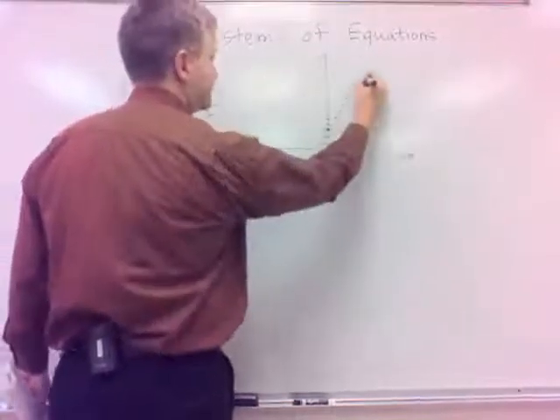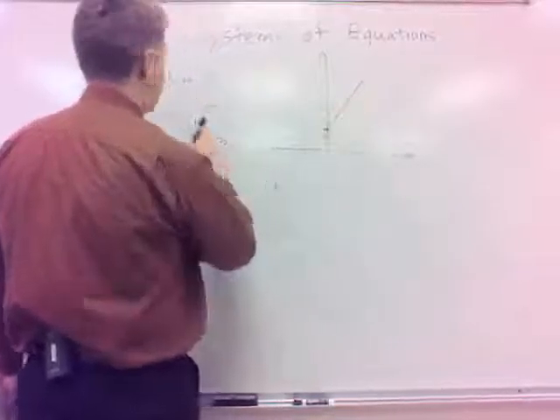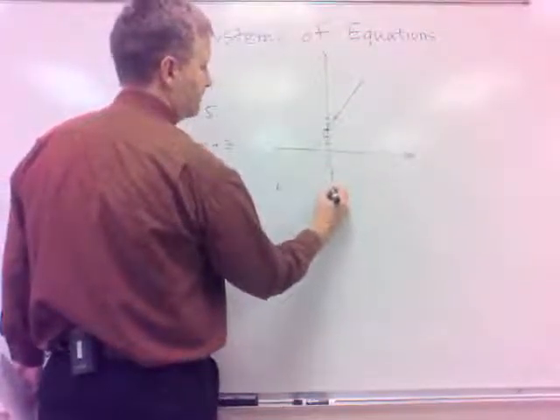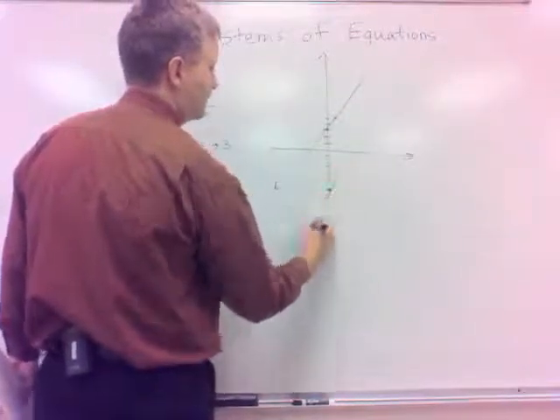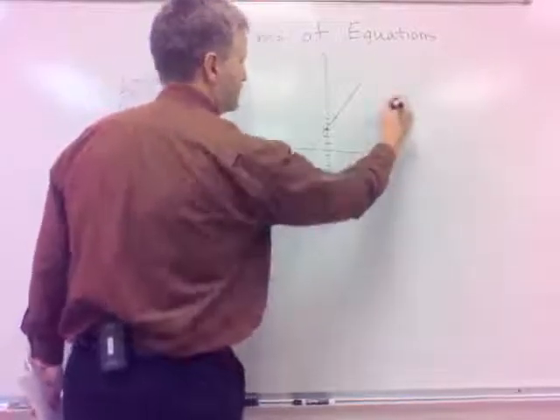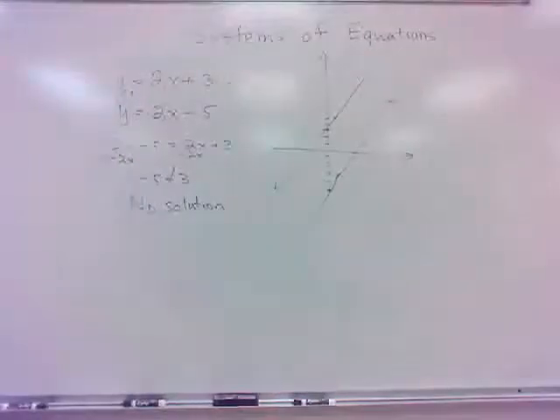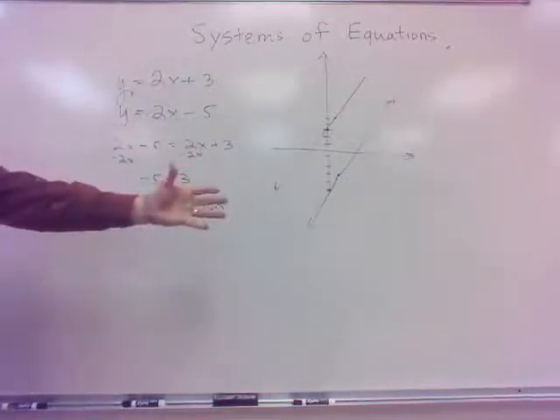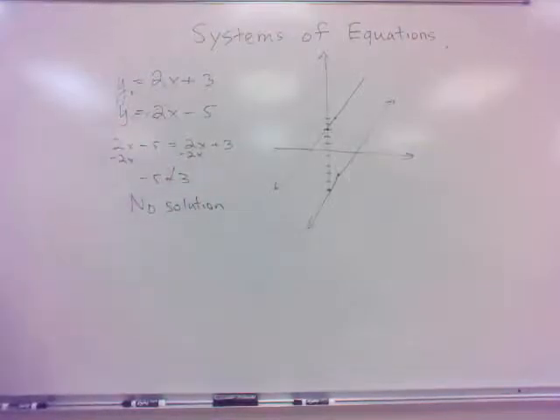This one has y-intercept negative 5, rise 2, run 1. Parallel lines, no intersection. The systems don't always have to be parallel, but if there's no intersection point, that's another reason to say there's no solution. Okay?